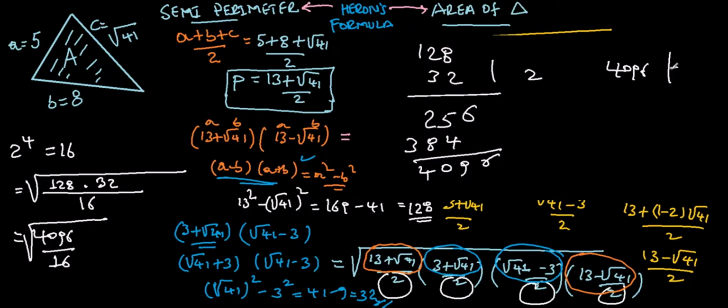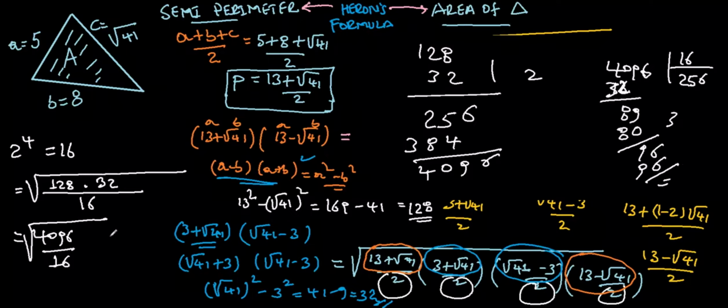Then 4096 divided by 16, how much? 2 times 16, 32. 32, 8, 9. 5 times 6, 30, 0. 5 times 1, 8, 89, 6. So 6 times 6, 36, 3, 6 times 1, 6, 9.